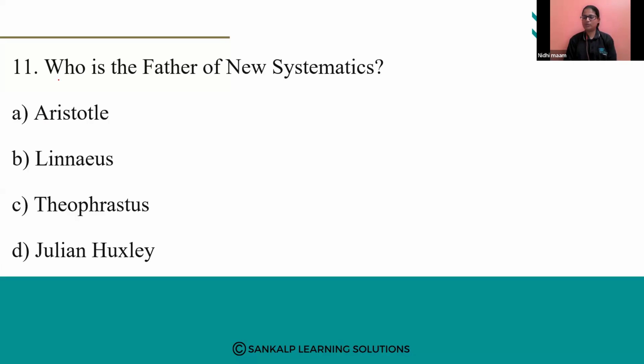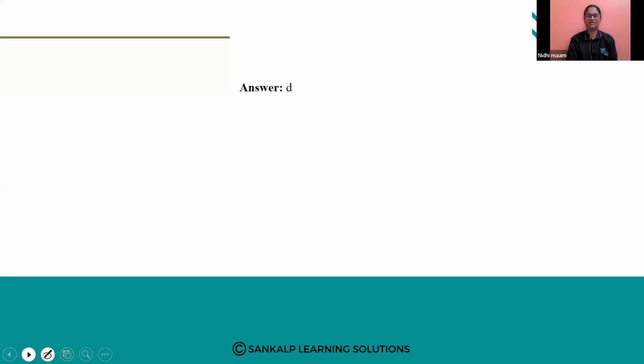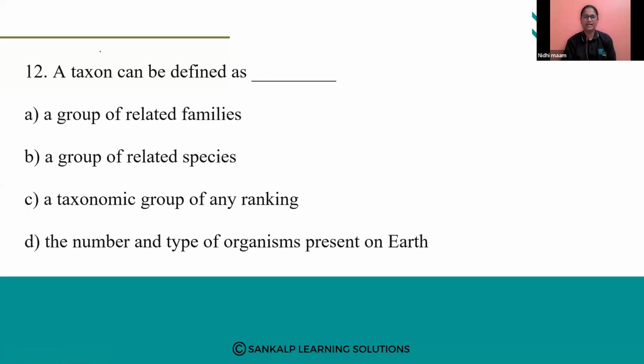Yes, YouTube students. The right answer is option D. Julian Huxley is known as the father of new systematics. Now we will learn some points. Again, we will discuss the 12th question.